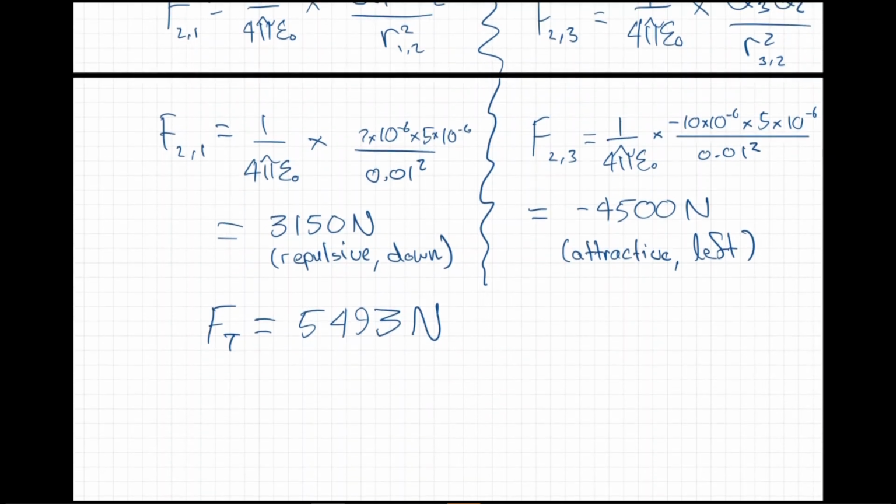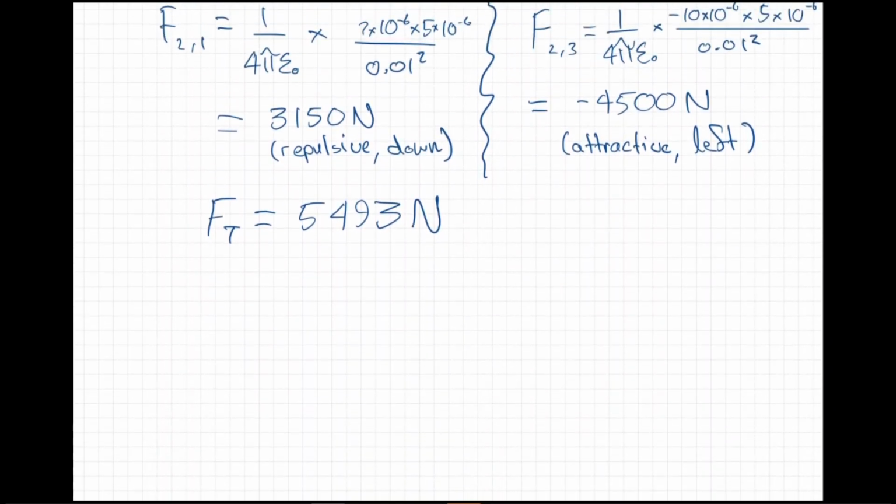No. So let's look at what we actually have here. And this is where we are going to go to our Cartesian plane. We have charge 2, right? This is Q2. We have 3,150 newtons down. So this is force due to 2 from 1. And it's equal to 3,150 newtons.